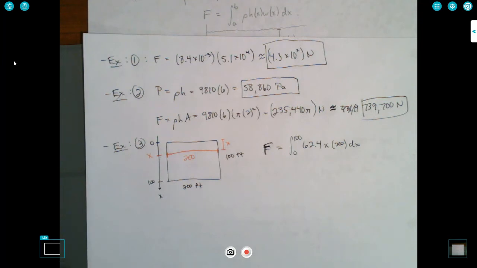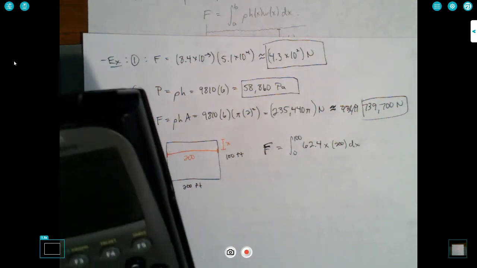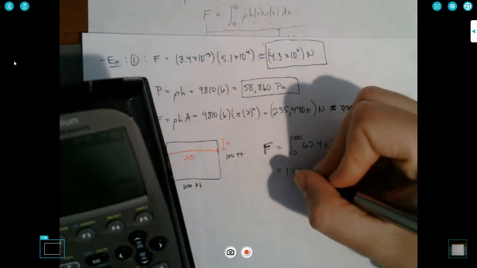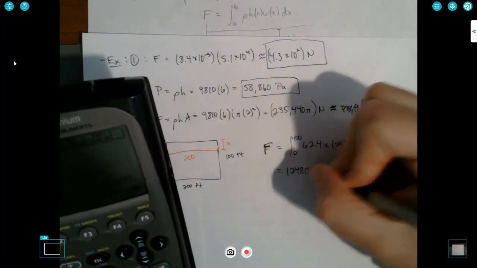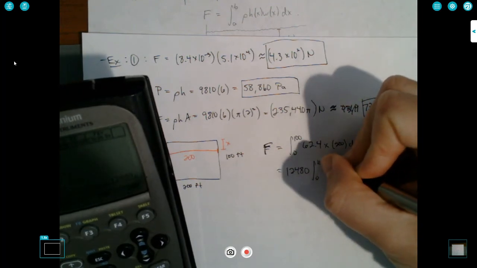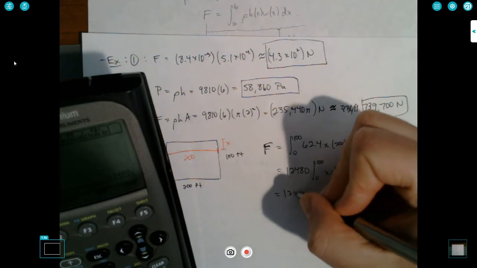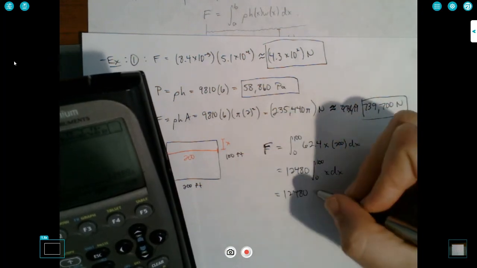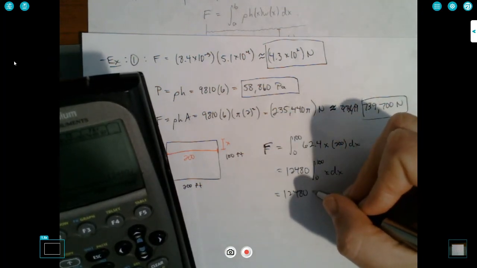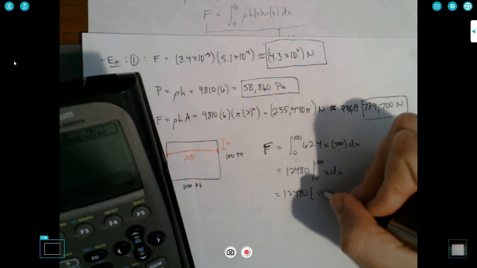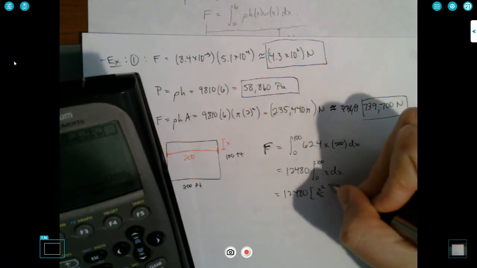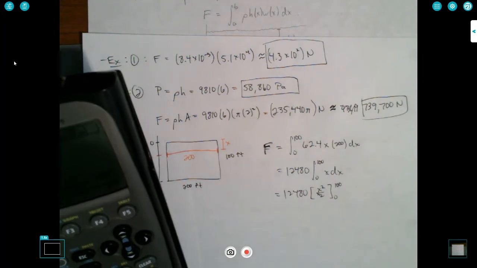Now 200 times 62.4 is 12,480 times the integral from 0 to 100 of x dx. So that's 12,480 times x squared over 2 from 0 to 100.